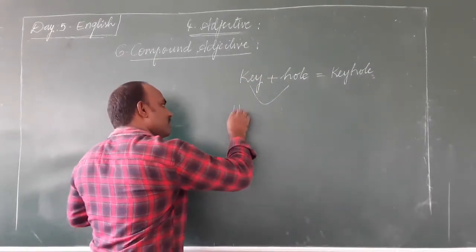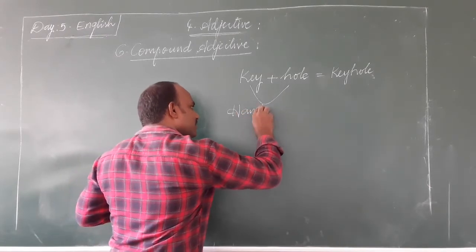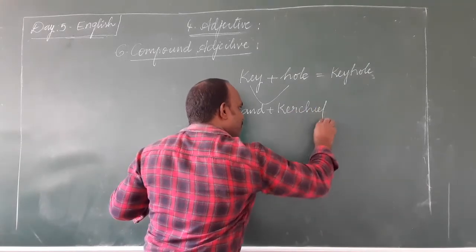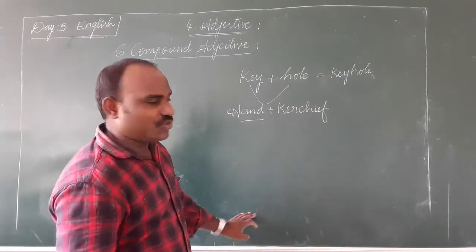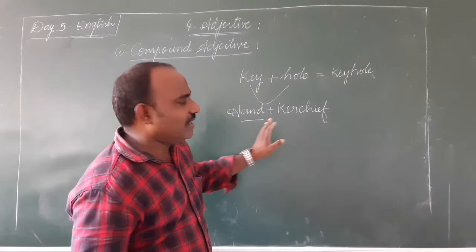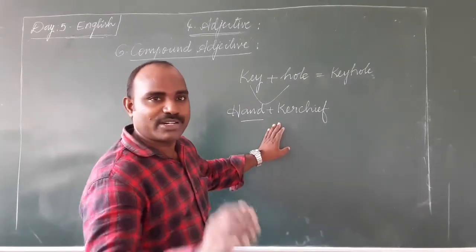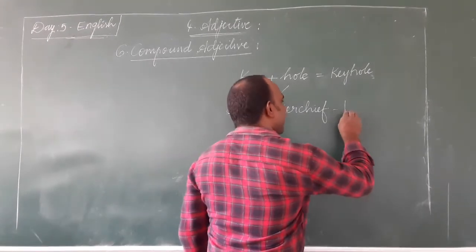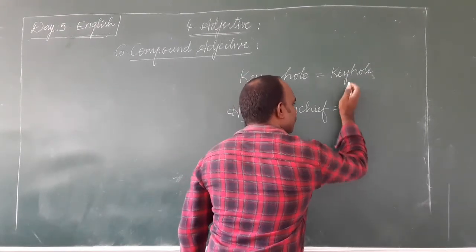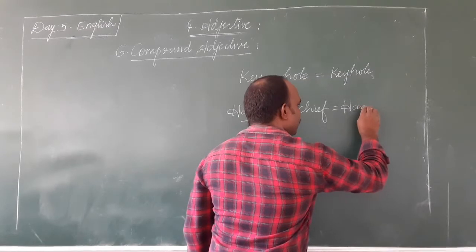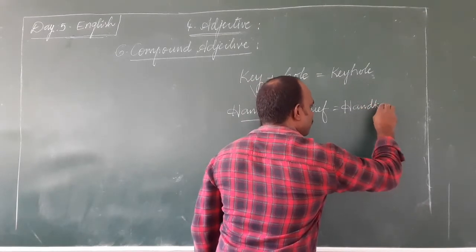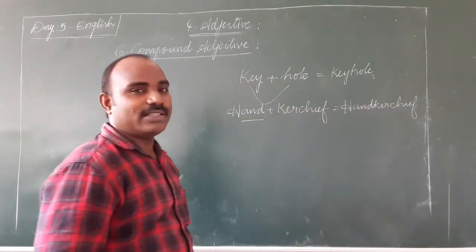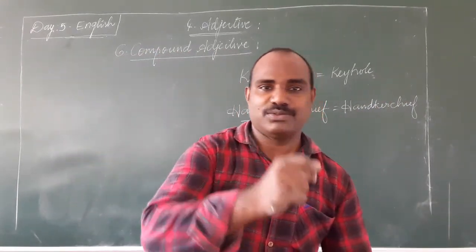Another example, hand plus kerchief. Here 2 separate words are joined together and work as one word, that is handkerchief. So these words are called compound words or compound nouns.